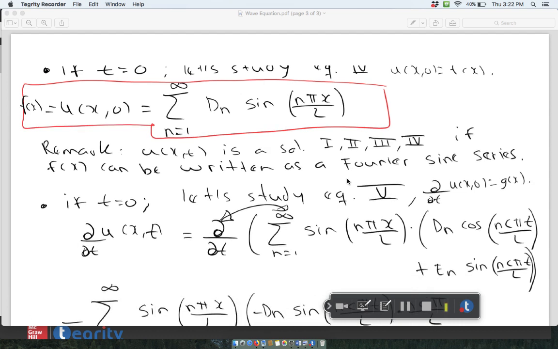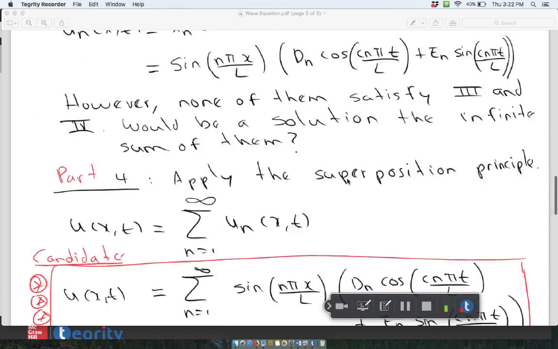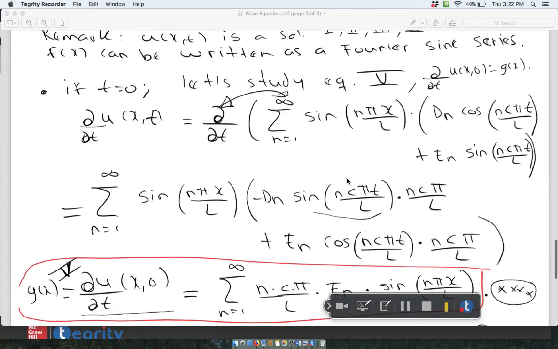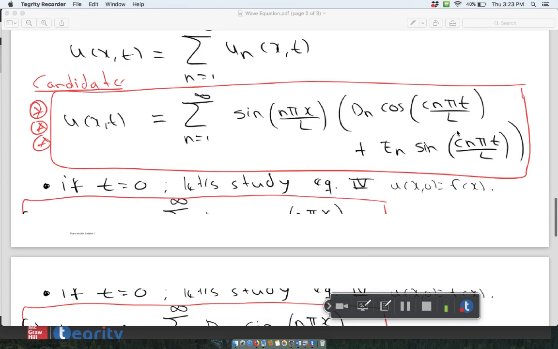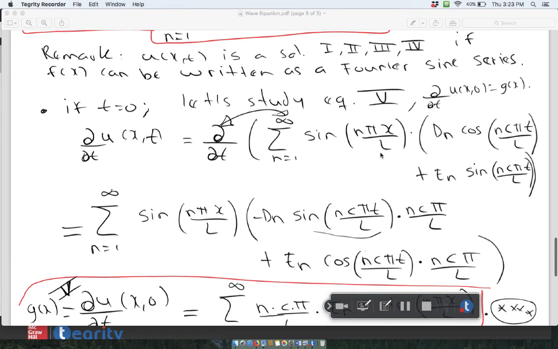So I need to take care of condition 5. Condition 5 says that the derivative with respect to time of u(x,0) has to be equal to some g of x. We're trying to figure out what kind of g of x we need. So we find the derivative with respect to time of u, the candidate. We are going to interchange the derivative with respect to time with the infinite sum.